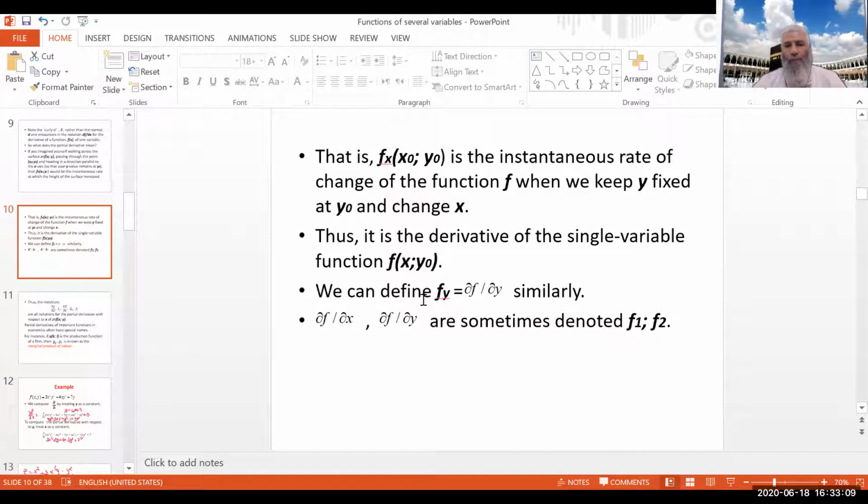We can define f_y, df/dy, similarly. df/dx and df/dy are sometimes denoted as f1 and f2.